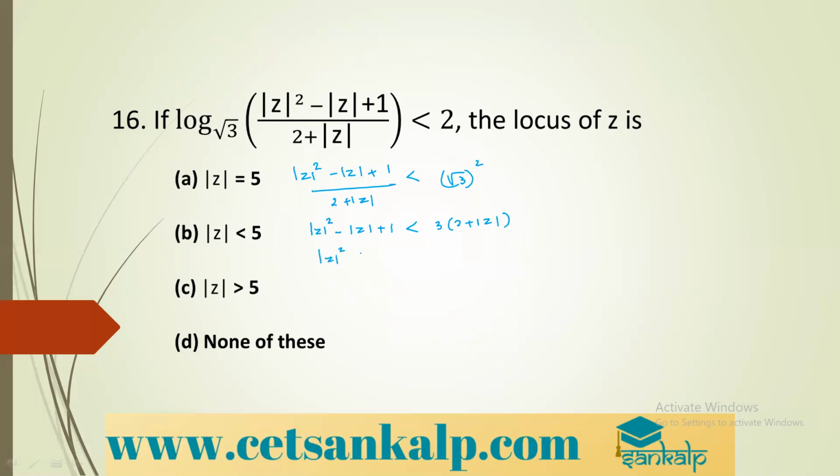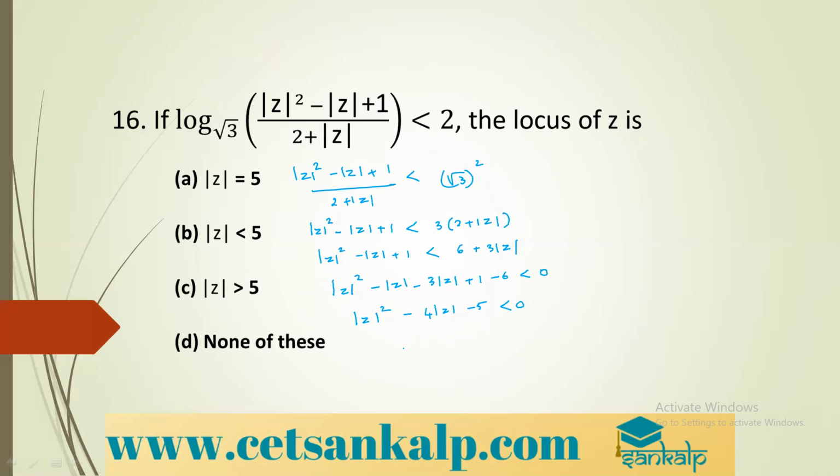Or modulus of z square minus modulus of z plus 1 is less than 6 plus 3 into modulus of z. Getting all the terms to one side, modulus of z square minus modulus of z minus 3 into modulus of z plus 1 minus 6 is less than 0. Modulus of z square minus 4 into modulus of z minus 5 is less than 0.